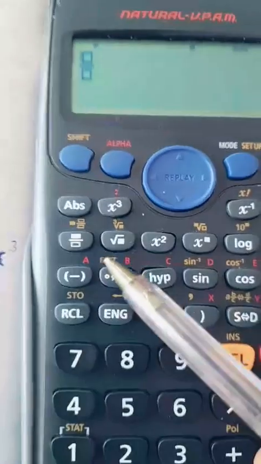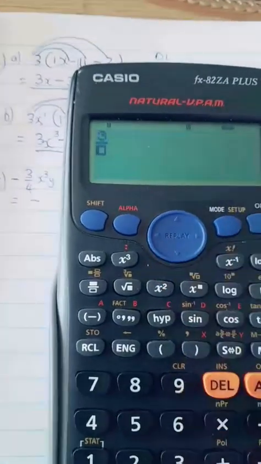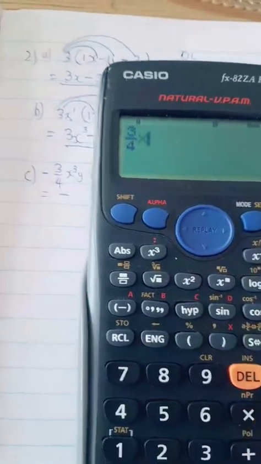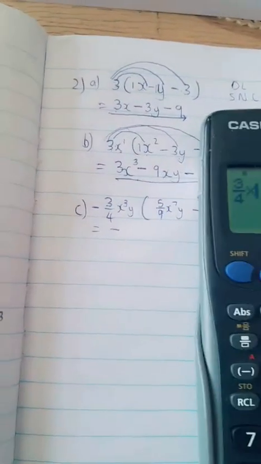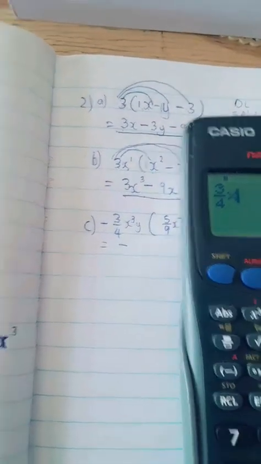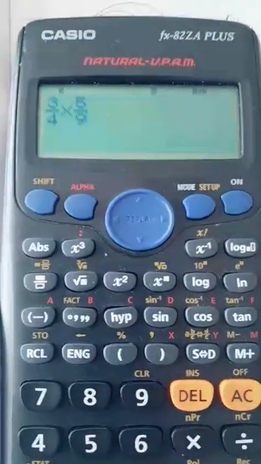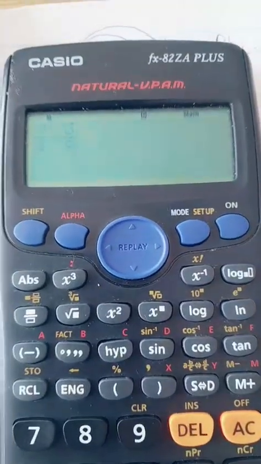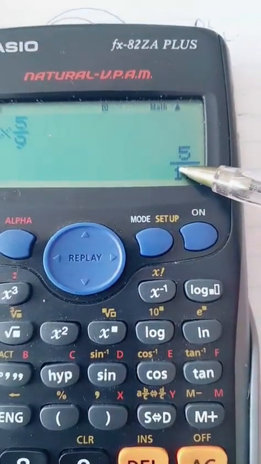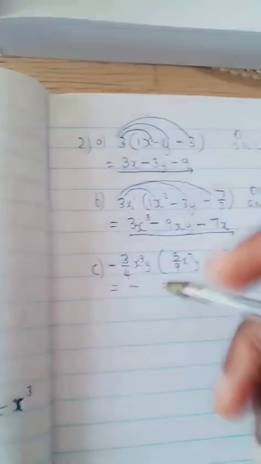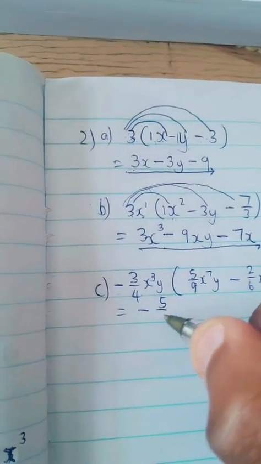The sign is already taken care of, so all you're caring about now is the numbers. 3 over 4 times 5 over 9. Press equal. The calculator simplifies it for you, so you have 5 over 12.